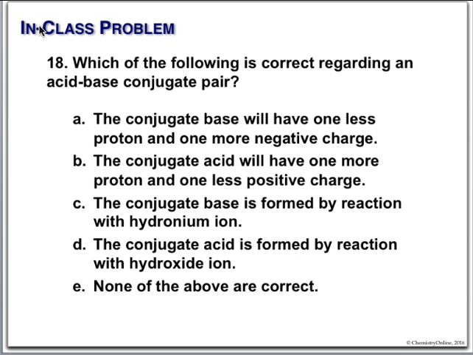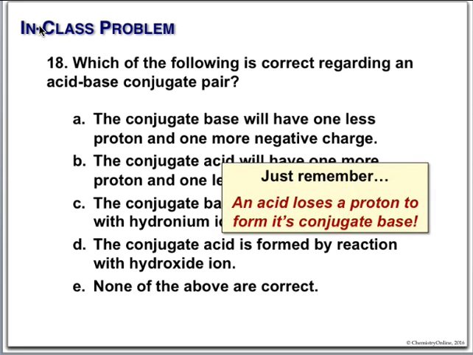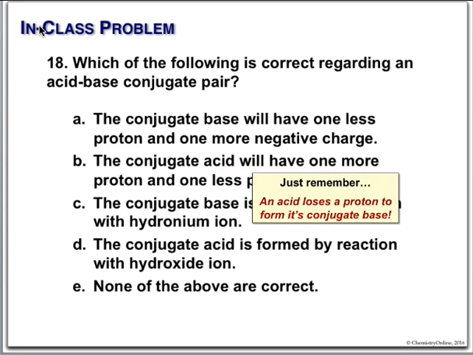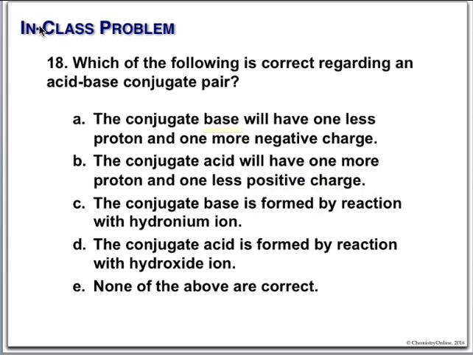You transfer the proton, that means you lose a positive, so that also means you gain one more negative. Acid loses the proton to form its conjugate base. Proton is positive, therefore it's one more negative charge.